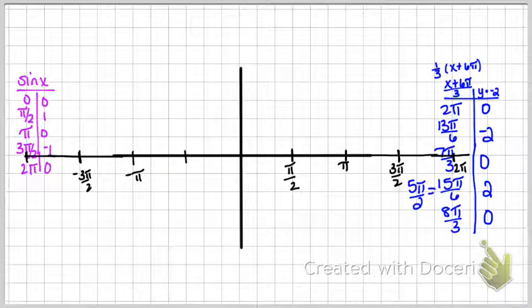Okay. So, excuse me. So the thing is that my points are too big. So I've got to figure out how am I going to get those points on here.